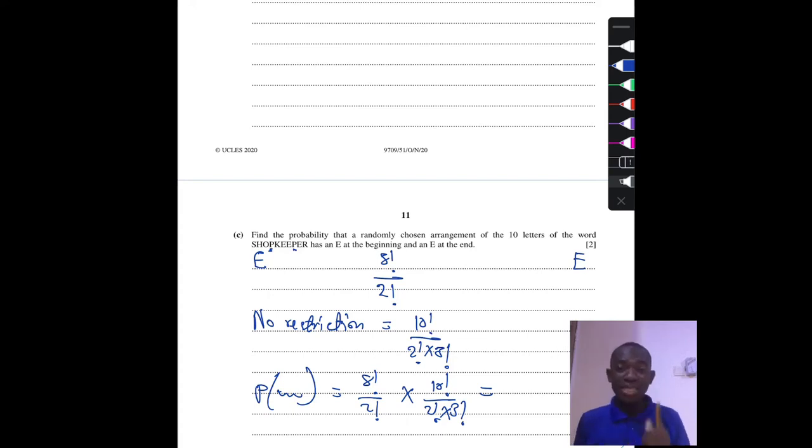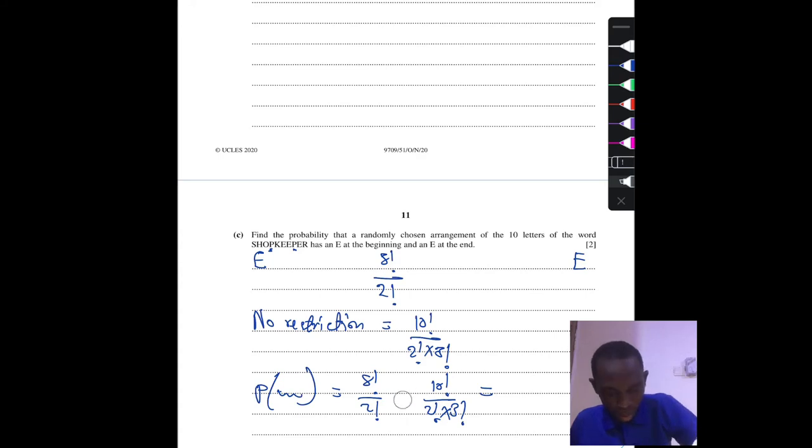If we're working a probability and you don't divide, is that really a probability? Probability is something divided by something. Okay, so that's 8 factorial over 2 factorial times 10 factorial over 2 factorial times 3 factorial. Oh, it's not times. Did I say times? That's weird.